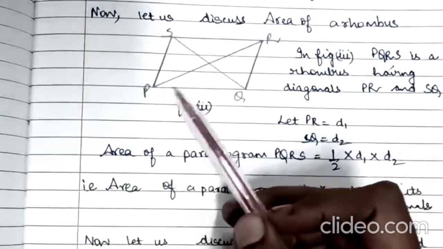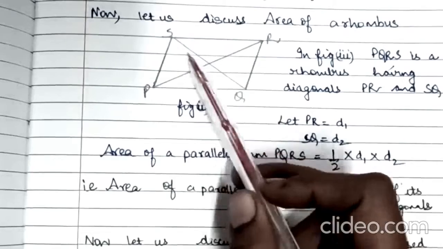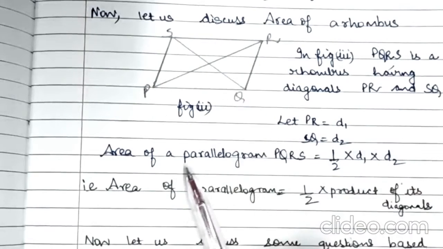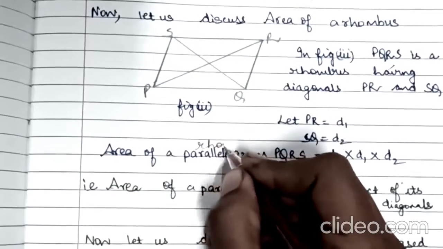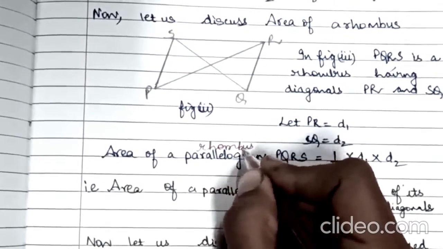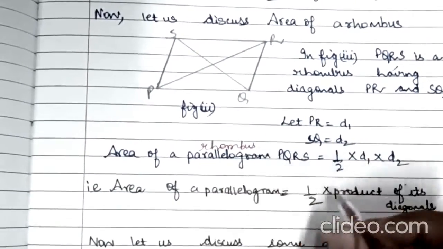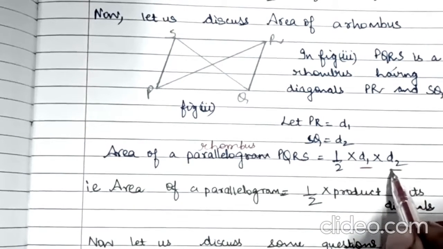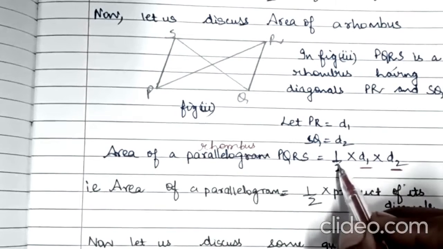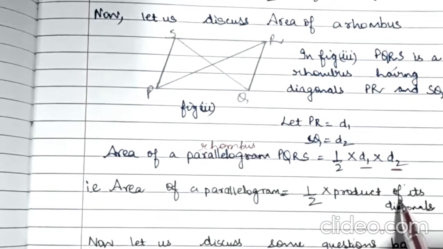If in a rhombus 2 diagonals are given, the area of the rhombus will be equal to half into diagonal 1 into diagonal 2, that is, half into the product of its diagonals.